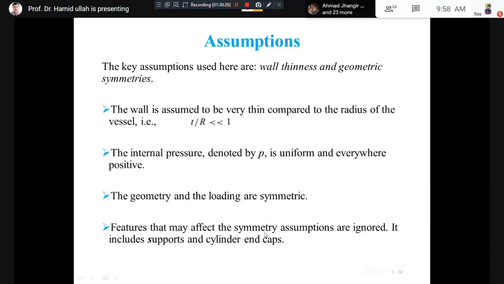That could be either the supports or the end caps. These things which affect the symmetry, we ignore and neglect in the analysis.